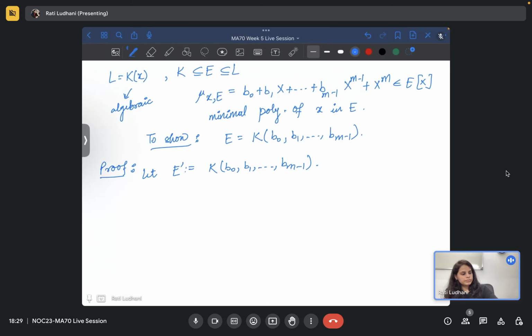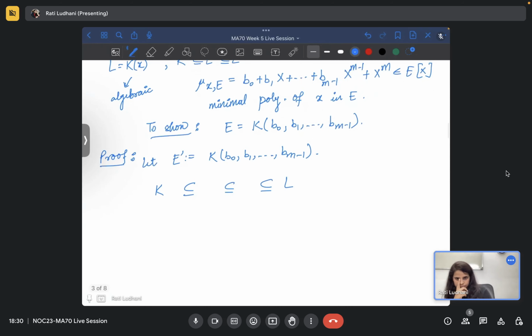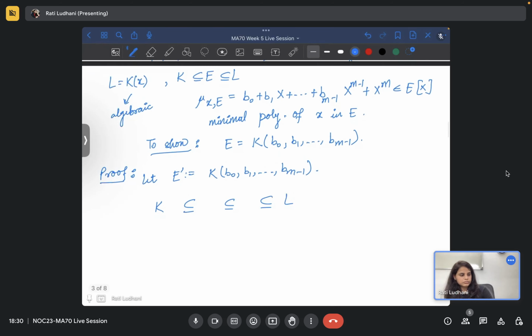Now what do we know? What can you tell me? There is this relation between K and this. Somewhere you have E dash and E. So where should I write E dash and E? What is the obvious containment?